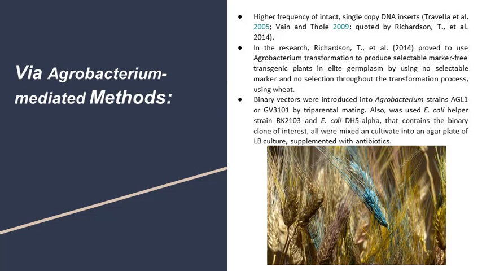After that, embryos were transferred to a WLS P5 callus induction medium, and 5 weeks later they were transferred to another medium for root development. In summary, they concluded that the ability to introduce transgenes into cultivars such as wheat without a selectable marker potentially enables the rapid incorporation of transgenic traits into breeding programs.